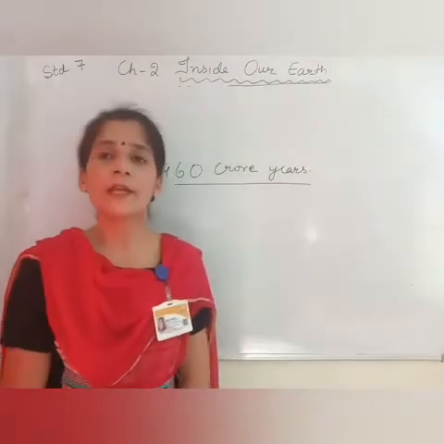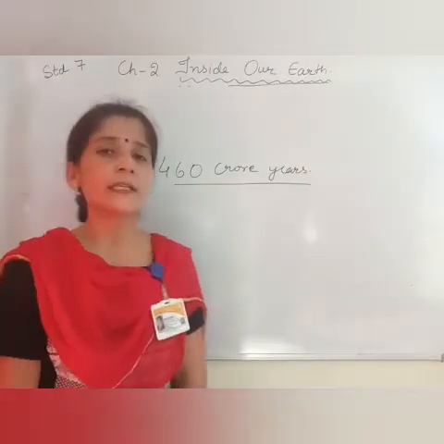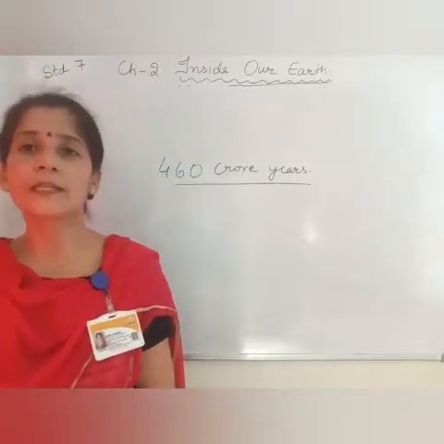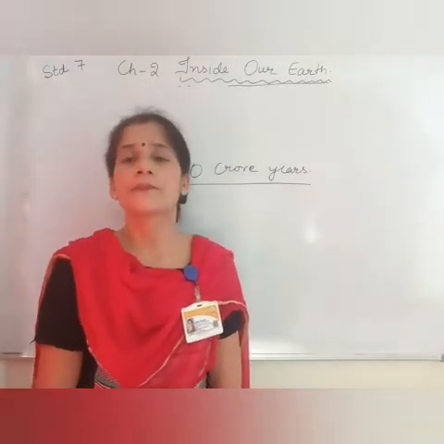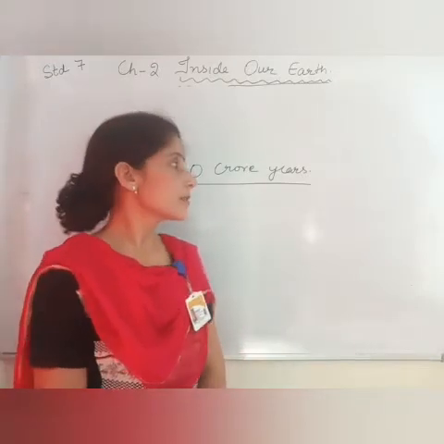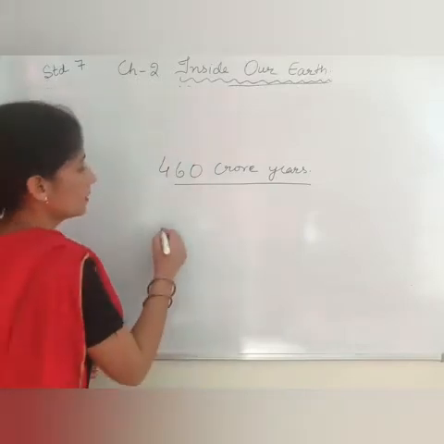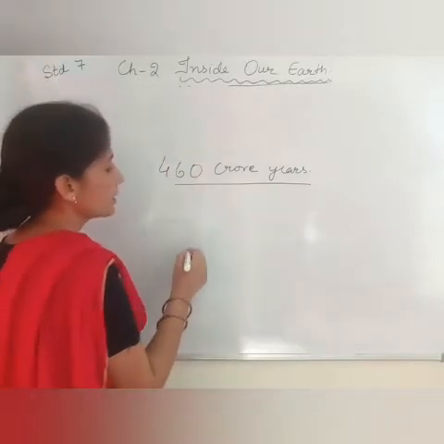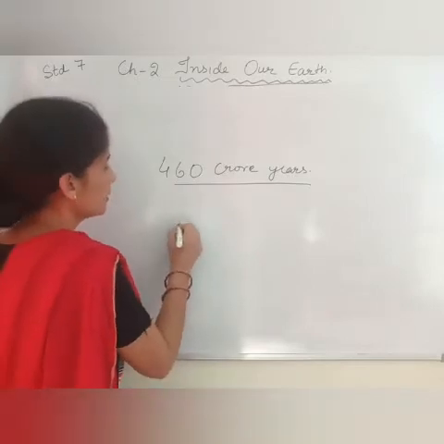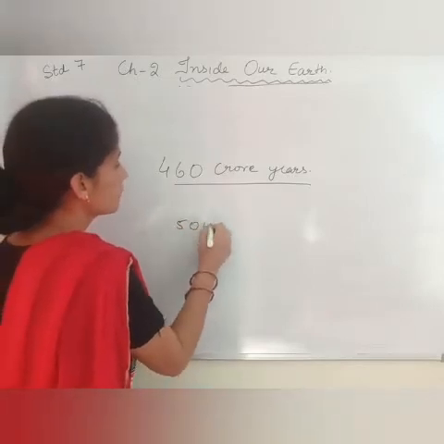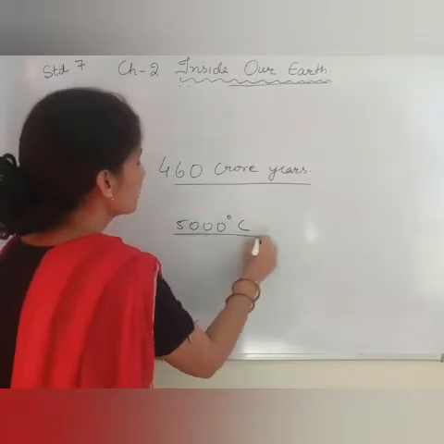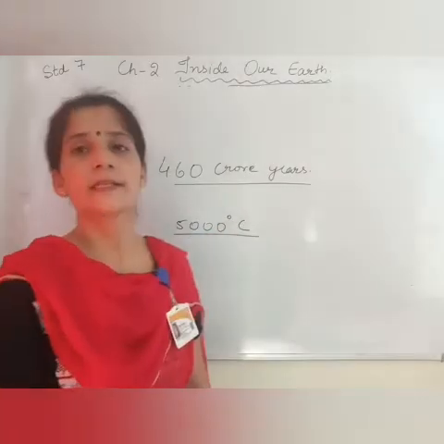With the passage of time, major changes took place inside the earth, and we still have very little information because of the high temperature, that is near about 5000 degrees Celsius.